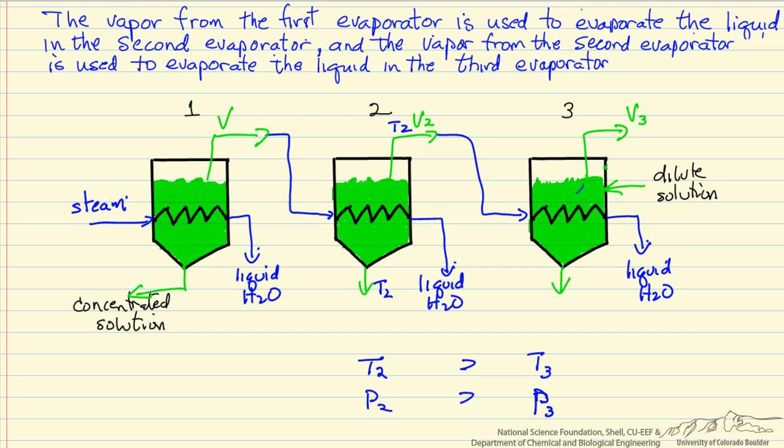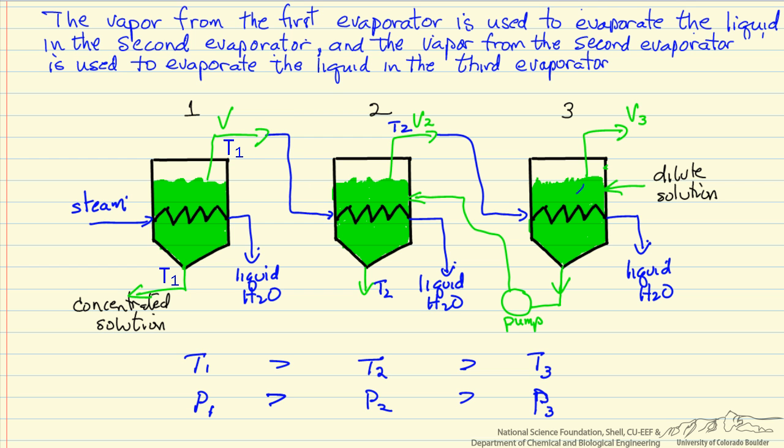So that means we take out this more concentrated liquid. We have to use a pump to raise the pressure, and then we can feed the concentrated liquid into the second effect. And then the same thing for the outlet from the second effect, because again temperature 1 is greater than temperature 2, which means pressure 1 is greater than pressure 2.